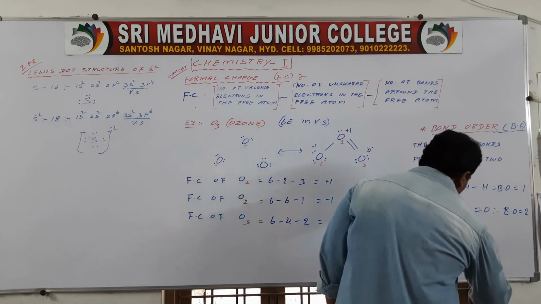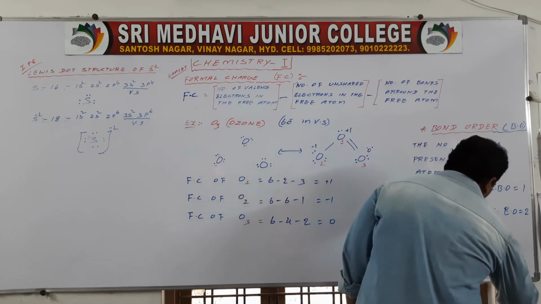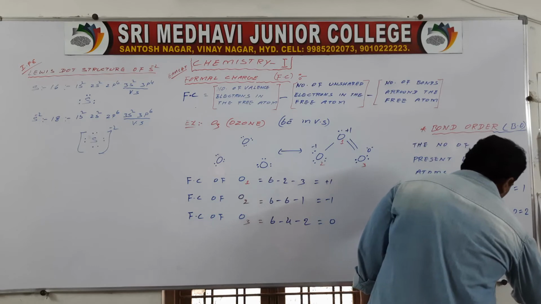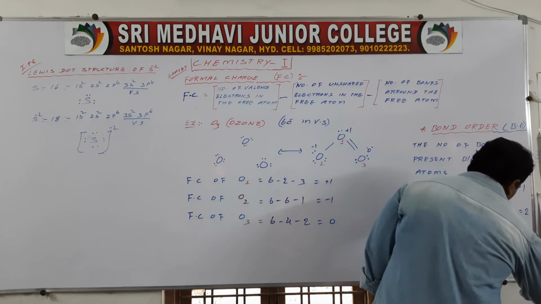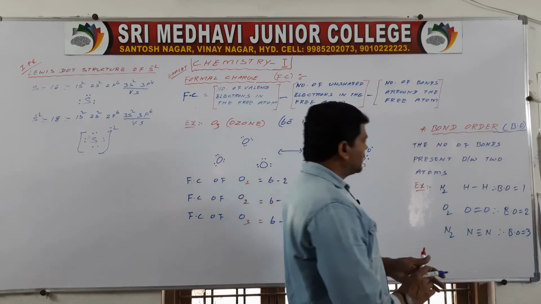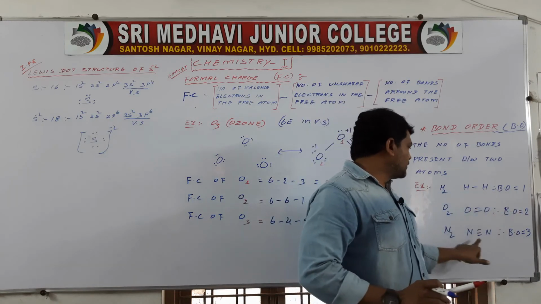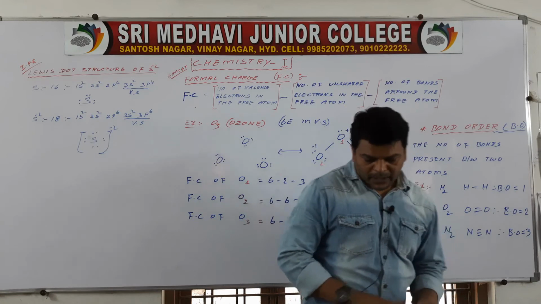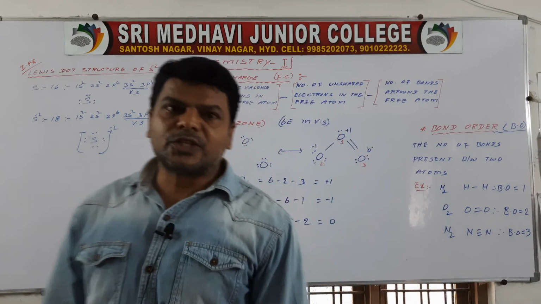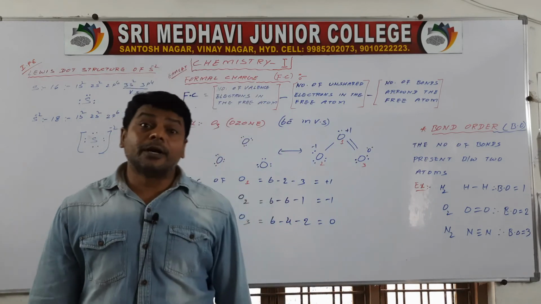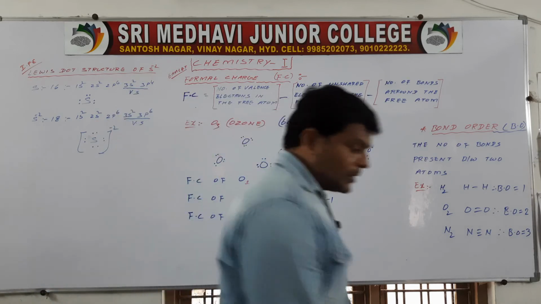Then nitrogen, N triple bond N, therefore bond order equals 3. So here 1 bond, bond order is 1; here 2 bonds, bond order is 2; here 3 bonds, bond order is 3. The number of bonds present between the two atoms is nothing but the bond order.